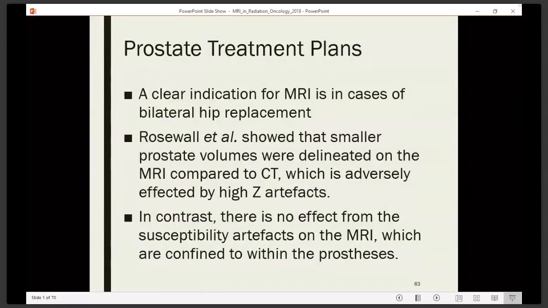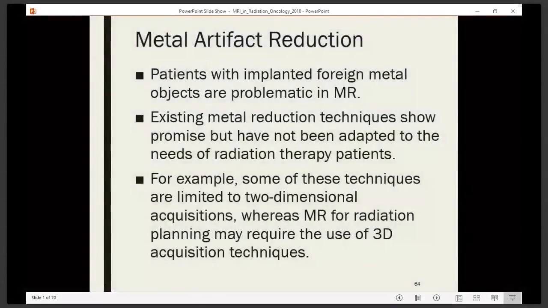One place where MRI has been found to be very good for prostate treatment plans is in cases of bilateral hip replacement, because the beam hardening artifacts on the CT are difficult to overcome. However, in MRI, there are ways to get around susceptibility artifacts and make them confined only to within the prosthesis.